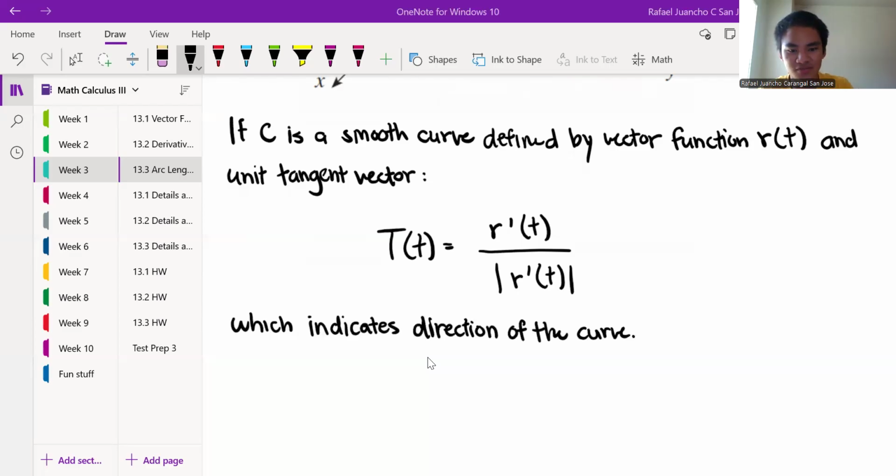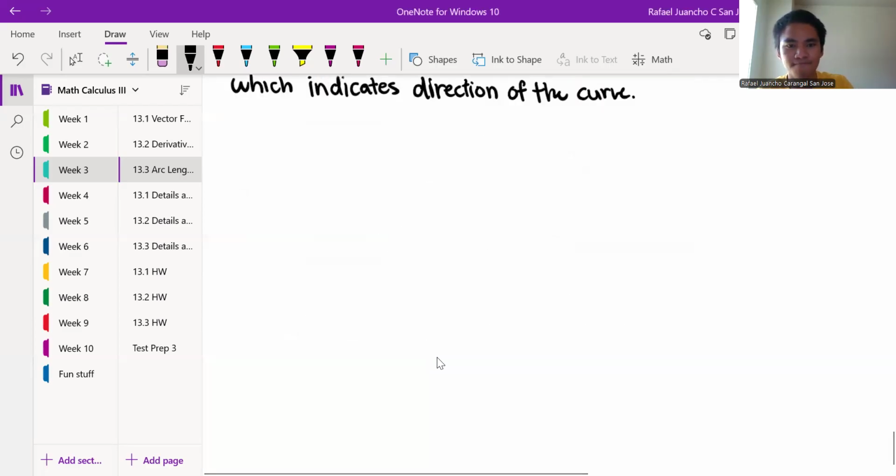So the curvature has something to do with direction and how fast our unit tangent vector changes. So the curvature, here we go into a more intuitive definition.